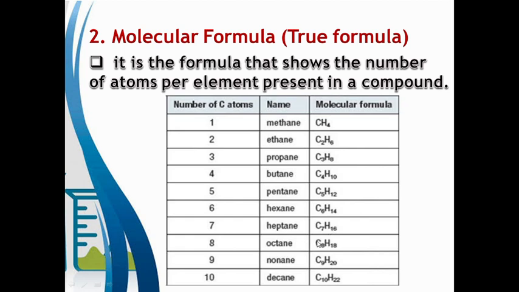Octane has 8 carbon and 18 hydrogen, while nonane has 9 carbons and 20 hydrogen. Then the last, decane, has 10 carbon and 22 hydrogen. Those are the different molecular formulas of a compound.